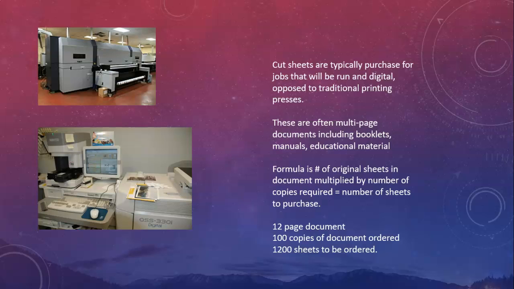The thing you want to be conscientious of is that when we run these types of equipment, we are typically paying the manufacturer in lieu of a service charge every time we make what we call a meter click. Okay, so if you run one piece of paper through the machine and print it on both sides, that's 2 meter clicks.